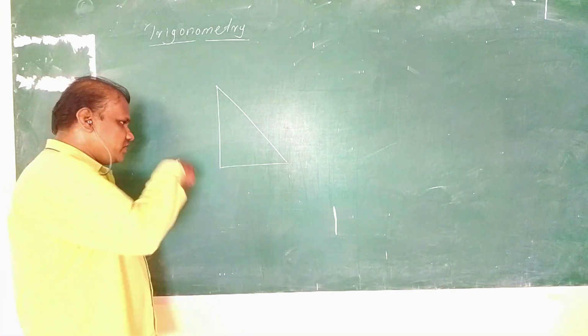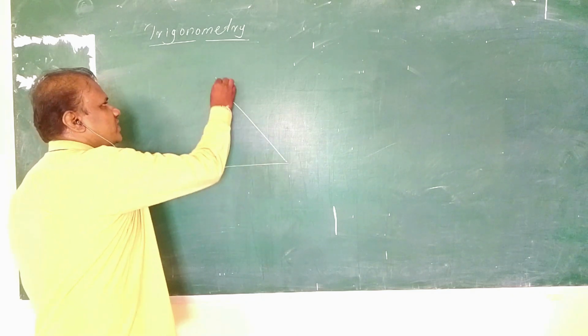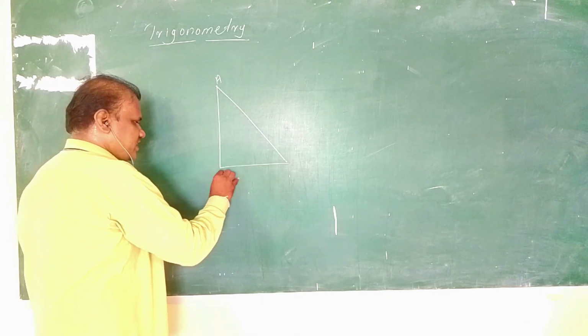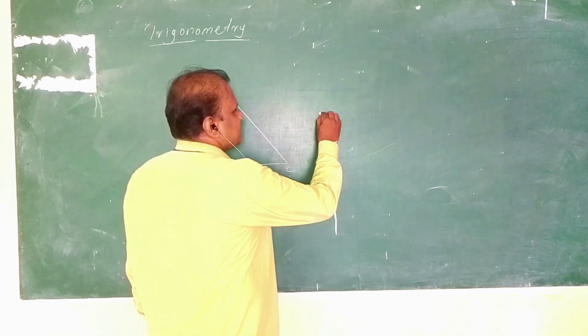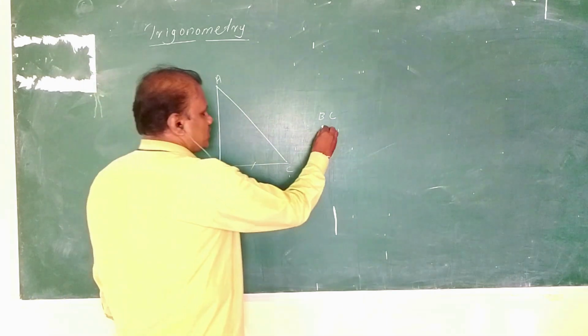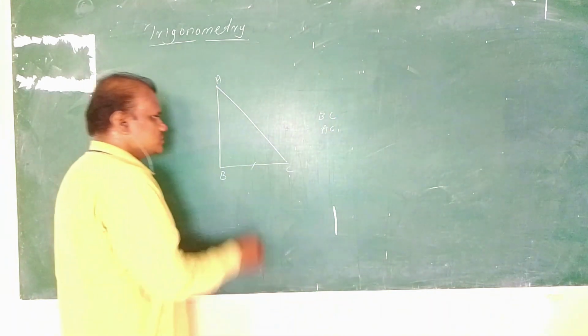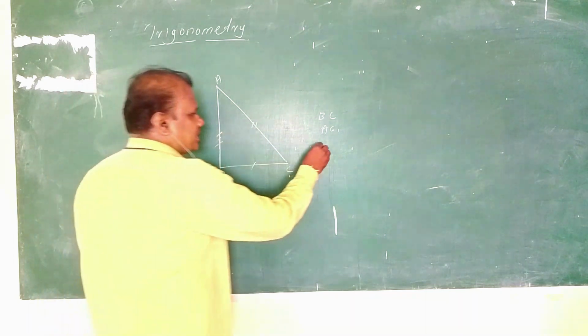In this we are going to measure the length of the sides. For example, if this trigon is represented as ABC, you can measure the length BC, or the length AC, or the length AB.